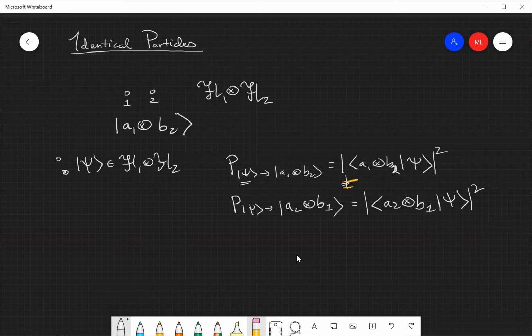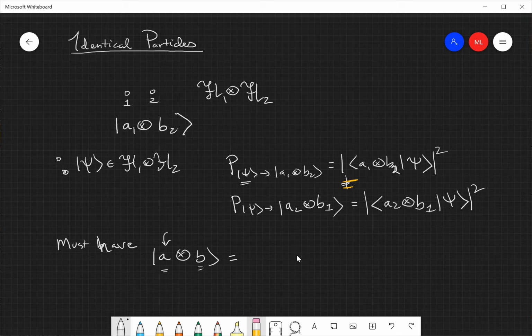So what that means is that the most that can happen is that your vectors, when you flip the states of the particles, pick up a phase. So now this is the state of particle quote unquote 1, and this is the state of particle quote unquote 2, but again, the label doesn't matter.